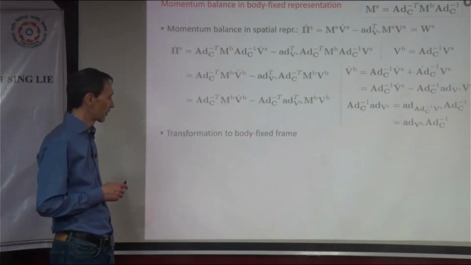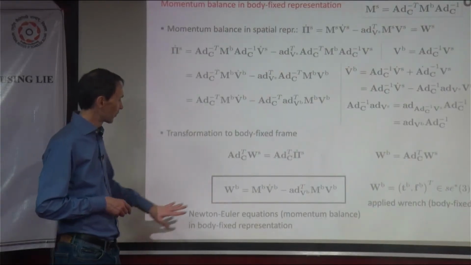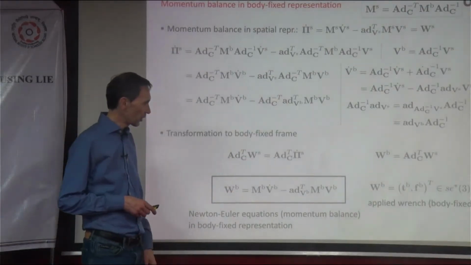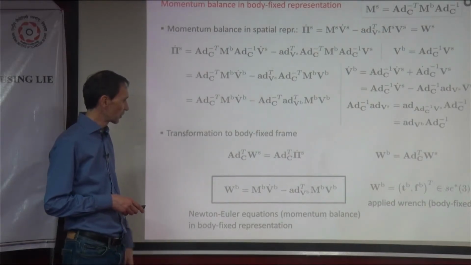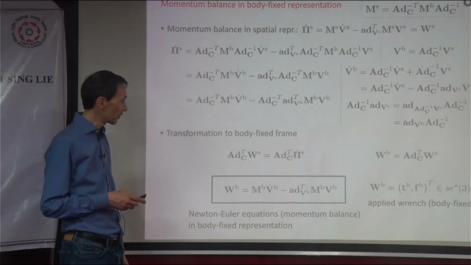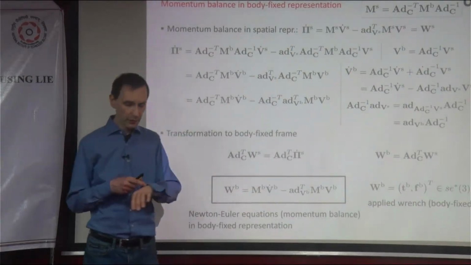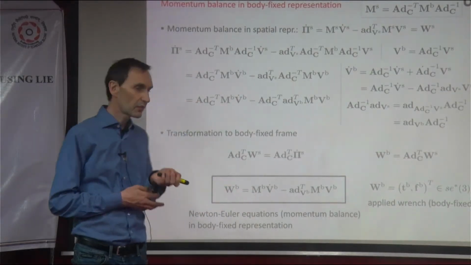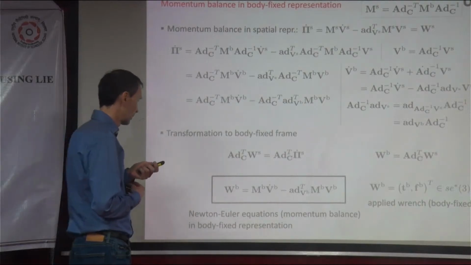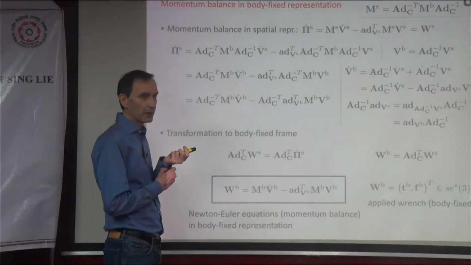So this is the same structure as in the space fixed, but now everything is expressed in the body fixed frame, which means that M is constant, right? Because in the space fixed version, the mass matrix is not invariant.